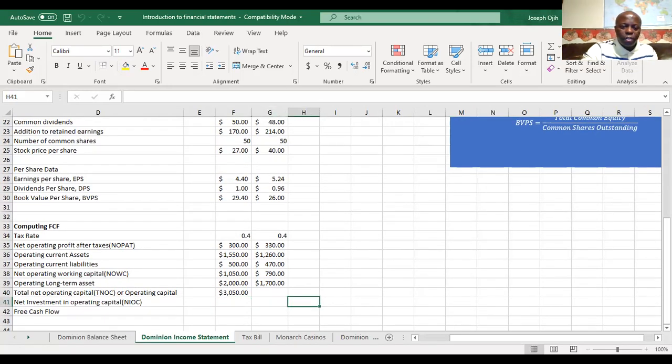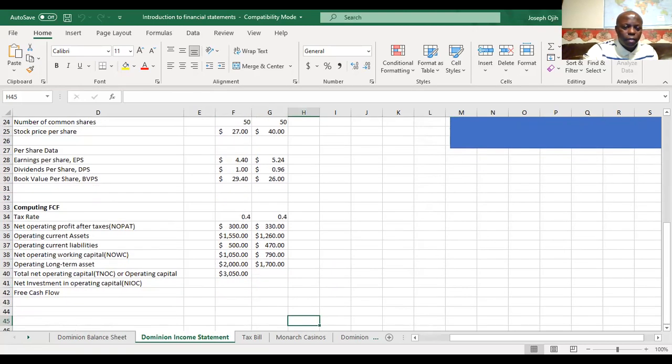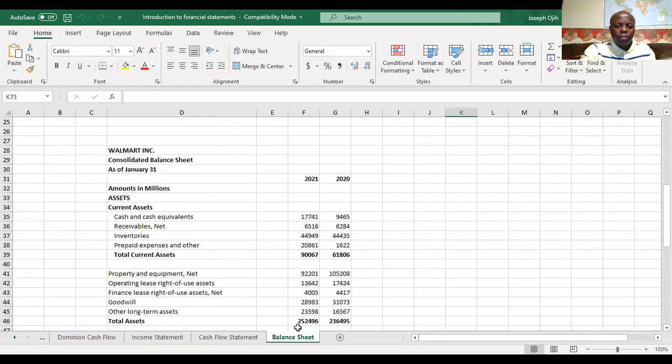Let me open it up. Okay, let me move this up a little bit. Got it. Now, this is the balance sheet of Walmart right here.